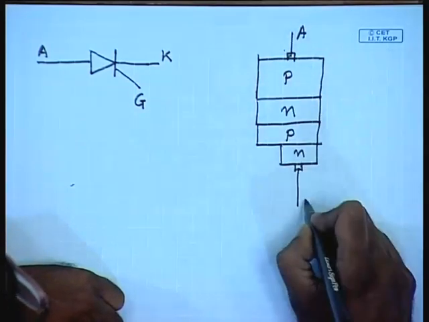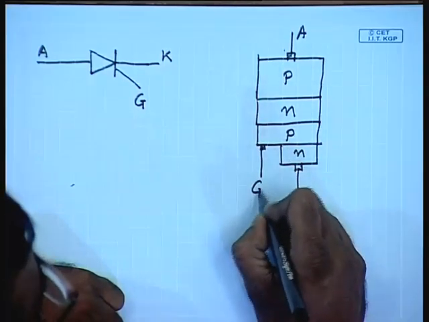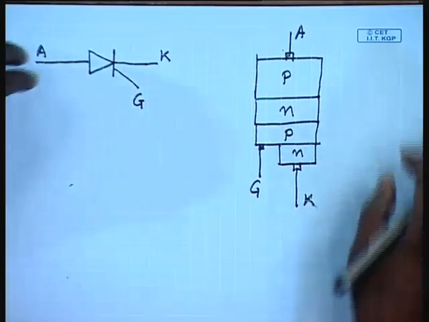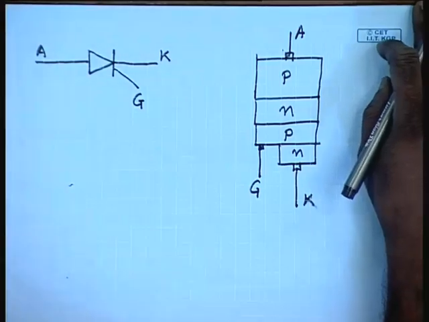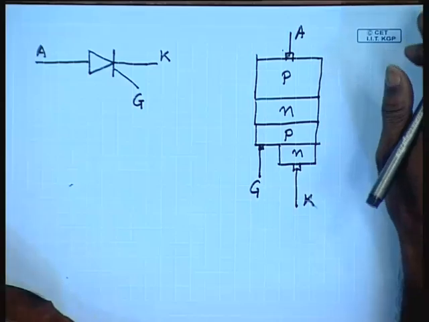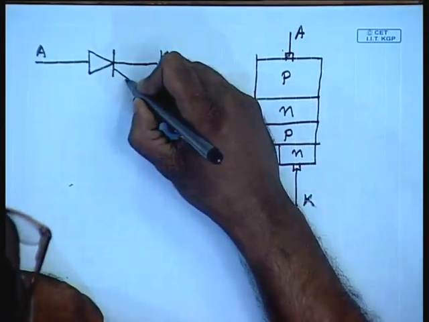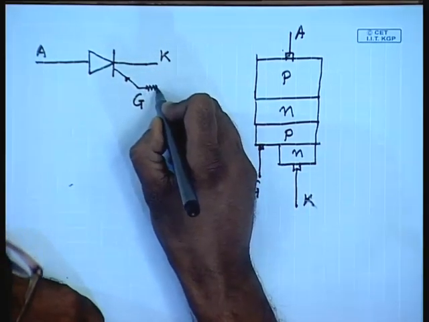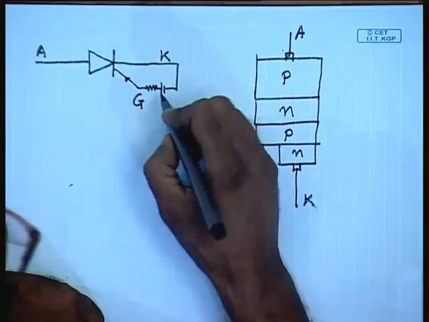This is anode, this is cathode, and this is where the gate terminal is. Operation of this device is slightly more complicated, and we will not have occasion to discuss that in detail. It will be sufficient to tell that this is also a control switch which can be turned on by injecting a current through the gate terminal.